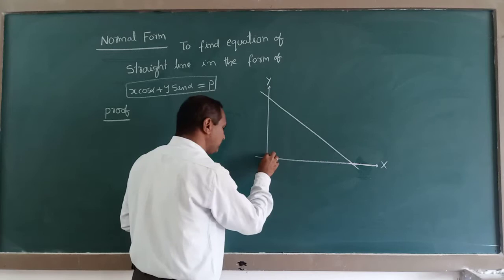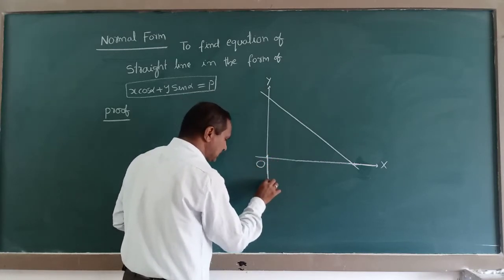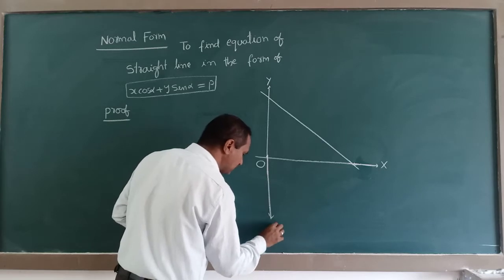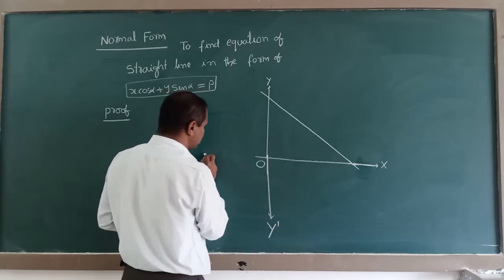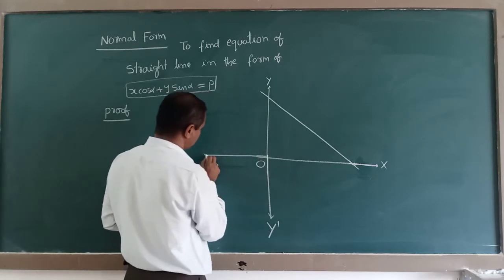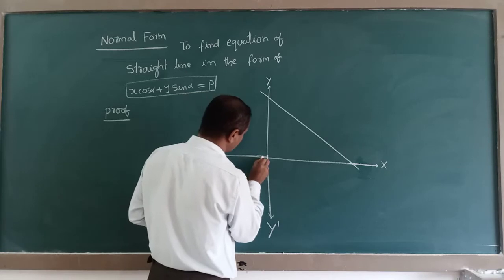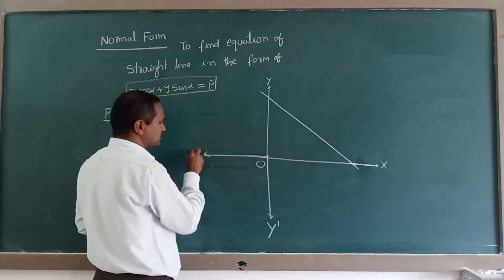And the point of intersection of x-axis and y-axis is the origin. Otherwise you can extend like this also, no problem, y dash. And here also just you can extend this. It is the x dash.